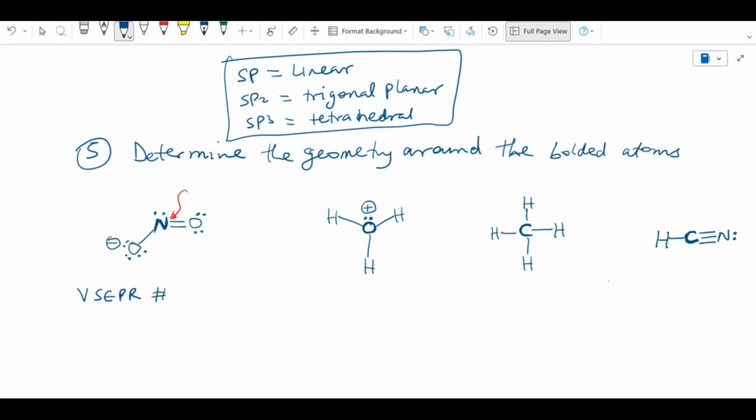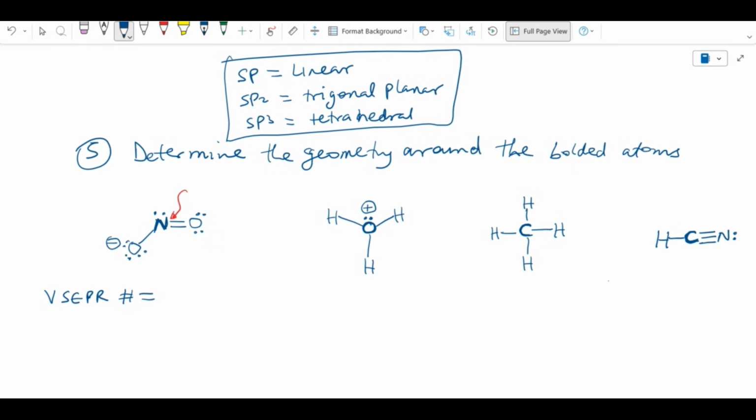VSEPR is the acronym for valence shell electron pair repulsion. The VSEPR number, or steric number, is the number of atoms attached plus the number of lone pairs.